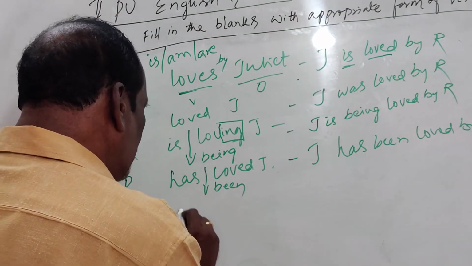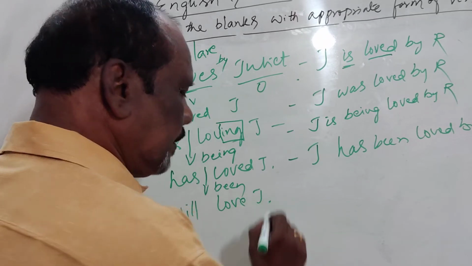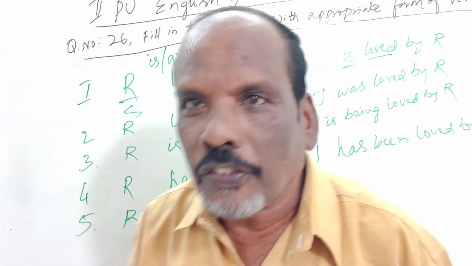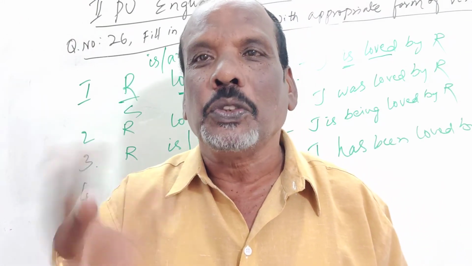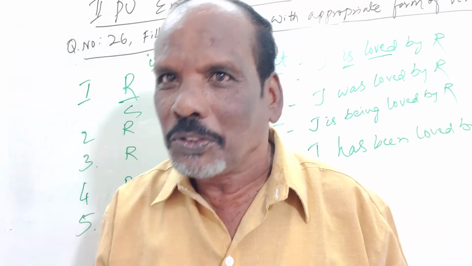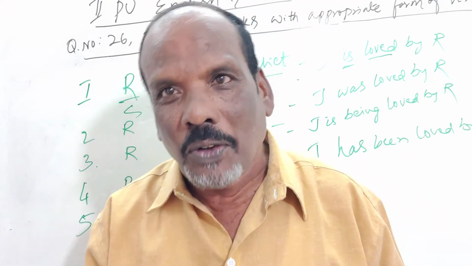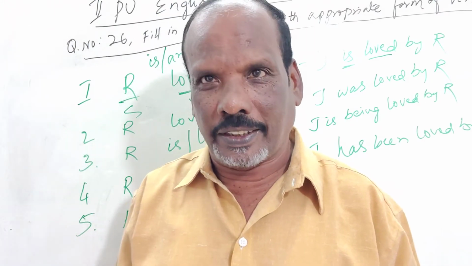Okay. Right. Coming to the fifth one, the last one. Romeo will love Juliet. That's a future simple sentence. Romeo will love Juliet. Romeo shall love Juliet. Romeo can love Juliet. Romeo may love Juliet. Romeo should love Juliet.